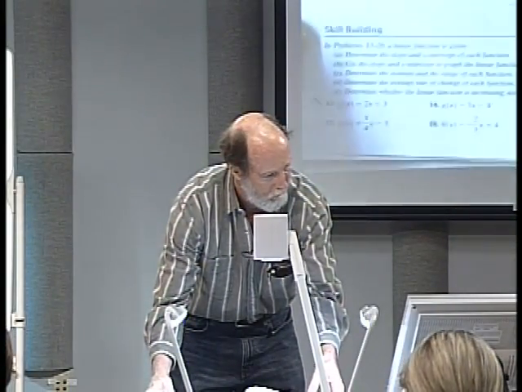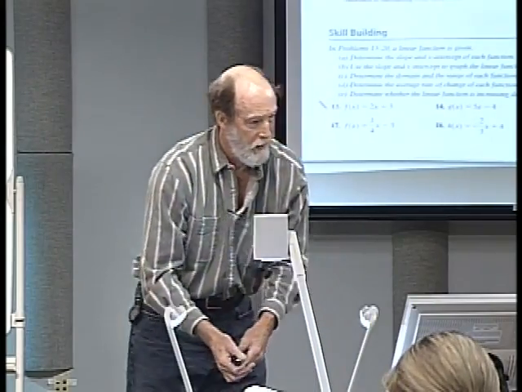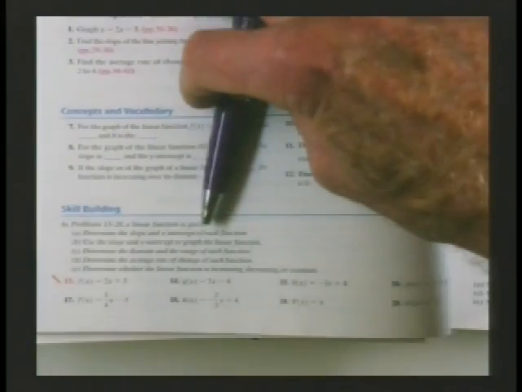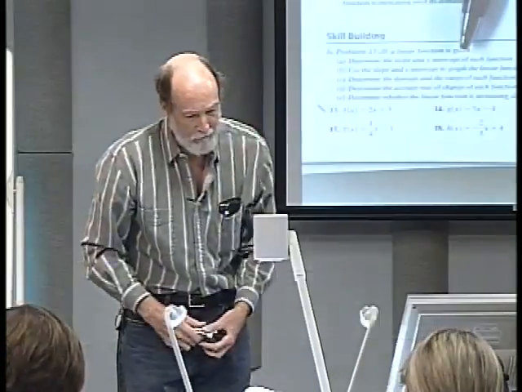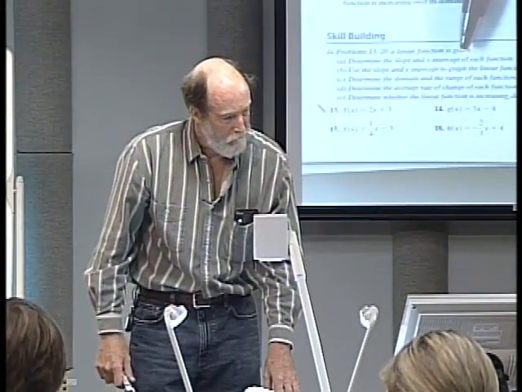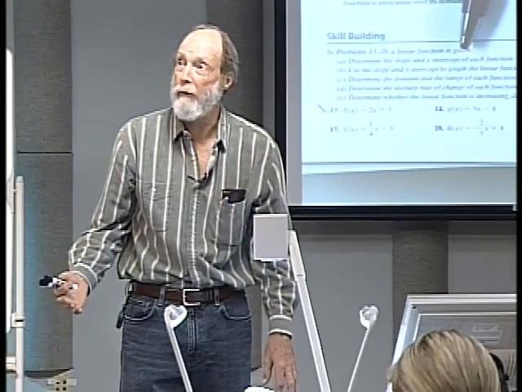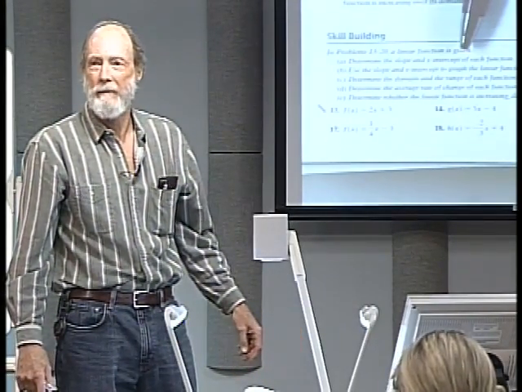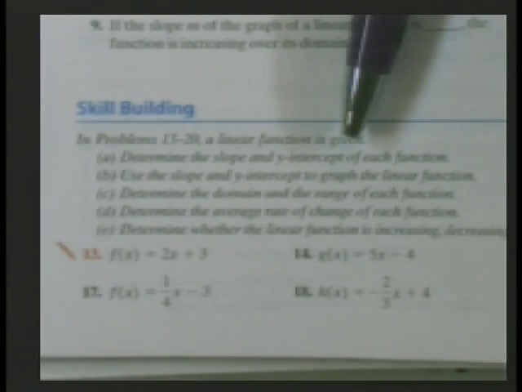First, look at this cluster of problems down here at the bottom of the page. This is taking you back to your beginning algebra background. Linear functions are given, and you'll notice it says determine the slope and y-intercept. Let's go ahead and kick up onto the overhead. There we go.